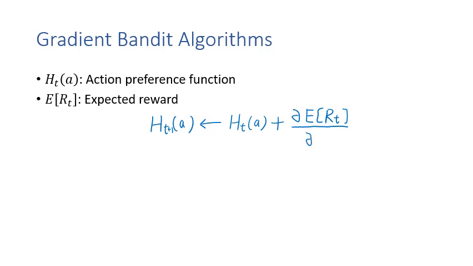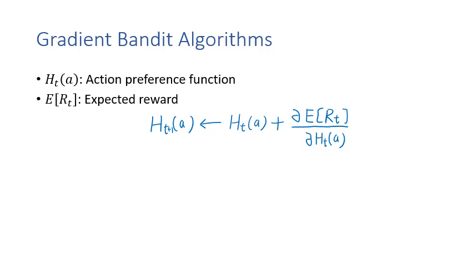And we use the partial derivative of the expected reward over the preference function H_t of a.